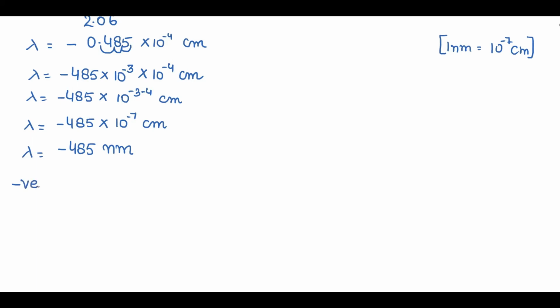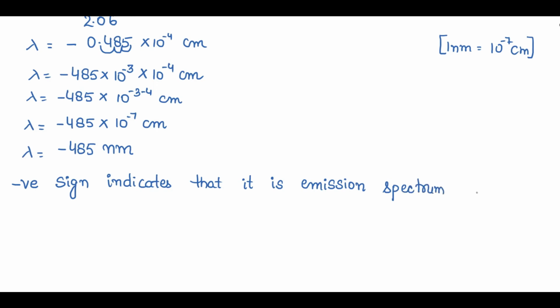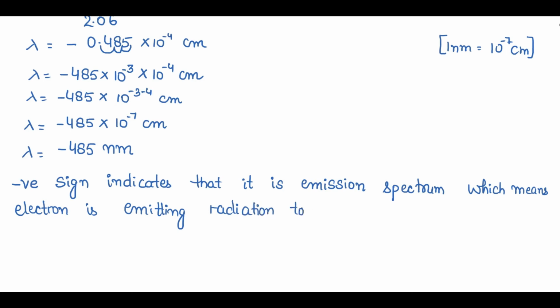You can write over here: negative sign indicates that it is emission spectrum, which means the electron is emitting radiation to come back to the ground state.